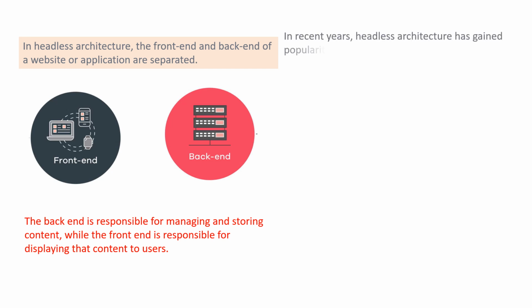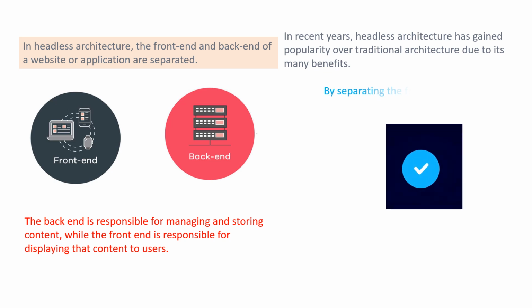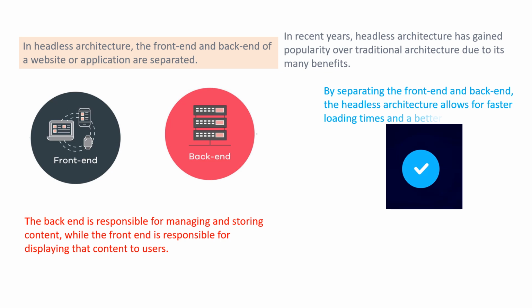And in recent years, the headless architecture has gained popularity over this traditional monolithic architecture due to many benefits. By separating this front end and back end, the headless architecture allows for faster loading times and a better user experience.